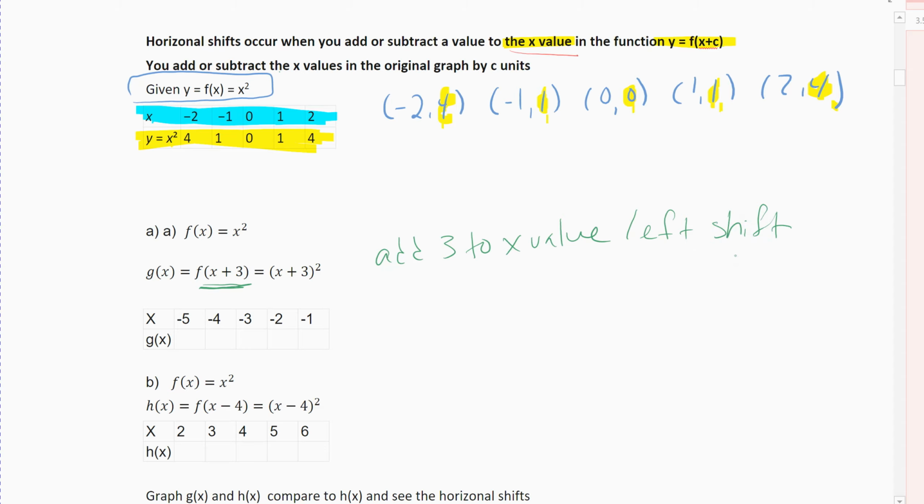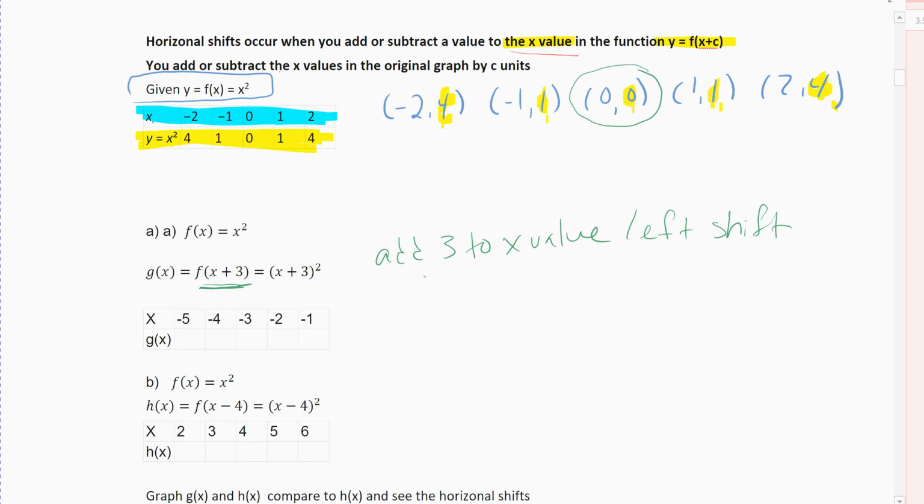I'm going to move my whole entire graph to the left 3 units. That's the negative direction. The best way to think about it is I want to get back to my 0, right? If I want to get back to the 0 case, which is the 0, 0 point, I can't plug 0 in to get back to 0. Well, what do I have to plug in to get 0? I have to plug a negative 3 in. Right? And so I had to move in the negative direction by 3 units to get to that negative value.